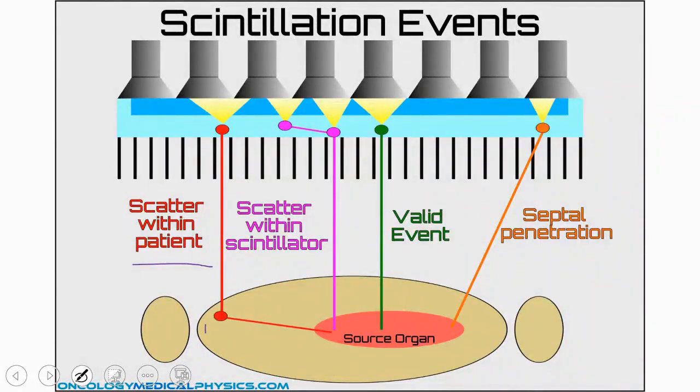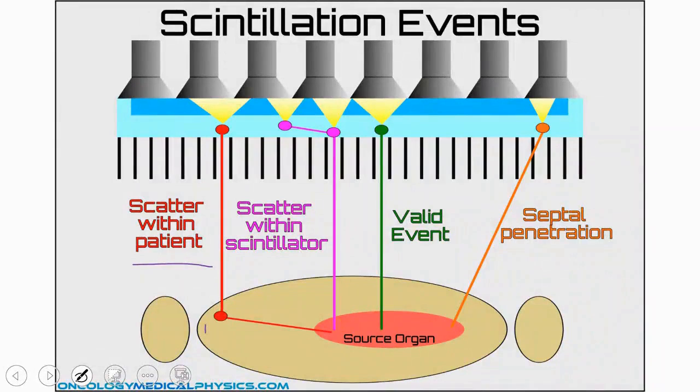Pay attention. This part is important. I told you there are two types of interactions, either the photoelectric effect or Compton. Which one has the higher intensity or higher percentage of occurrence? The photoelectric effect.